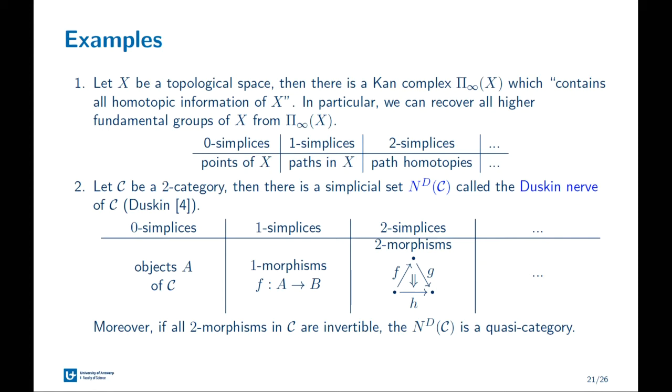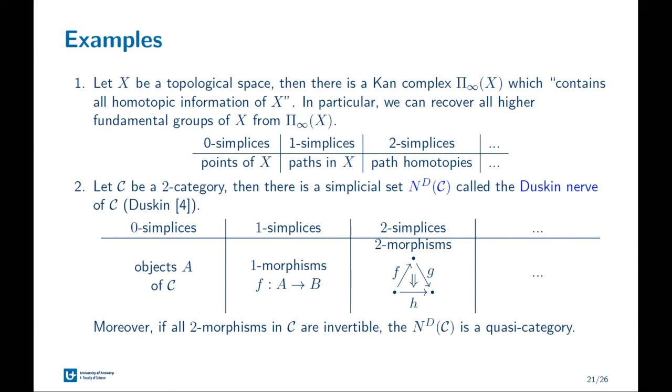So the zero simplices of this simplicial set are given by just the objects of your 2-category C. The 1-simplices are given by morphisms in the category C. And the 2-simplices are given by triangles like this, where the edges are all 1-morphisms in C. And the interior of the triangle itself, if you will, is a 2-morphism going from the composition of f and g to h. We're not requiring h to be equal to the composition of f and g, but they should be connected by a 2-morphism. That's the point.